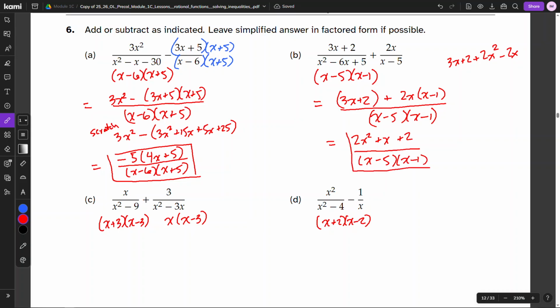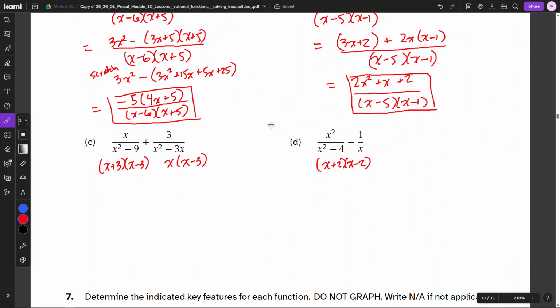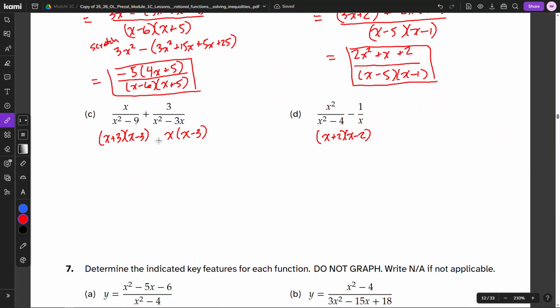Nothing factors from the numerator. If I do 2 times 2, that's 4. No factors of 4 add up to be 1. So we're cool. Continuing our work here.